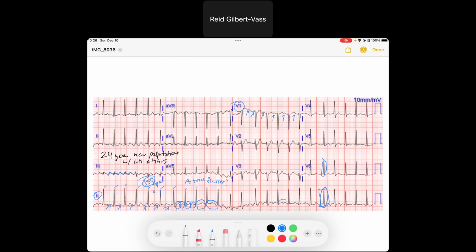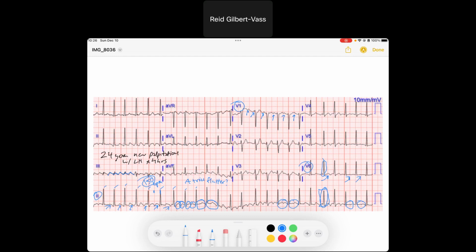So you've got flutter waves over here, and they're kind of changing. They're not perfect flutter waves. You can look in V6 here. We've got what looks like some flutter waves, but maybe. So this is hard to say.